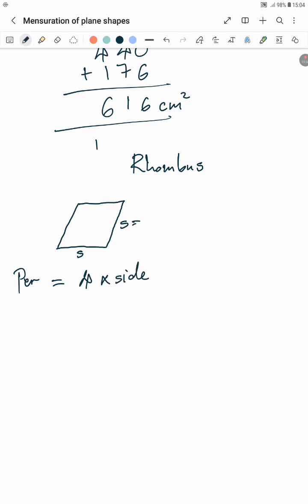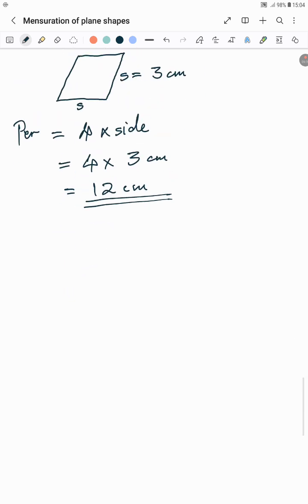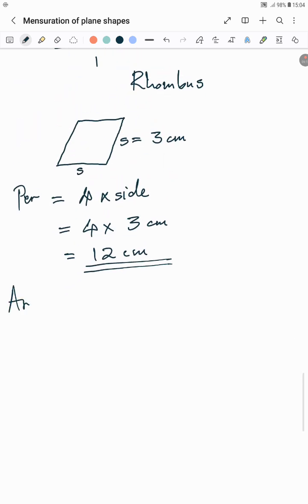So if the side here is equal to 3 centimeters, then the perimeter is 4 times 3 centimeters, and your answer is 12 centimeters.